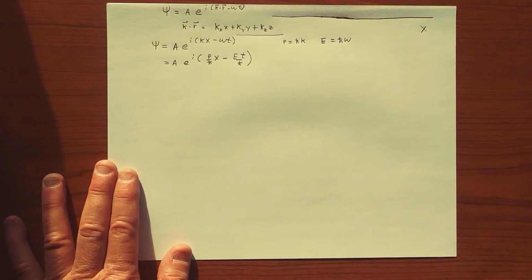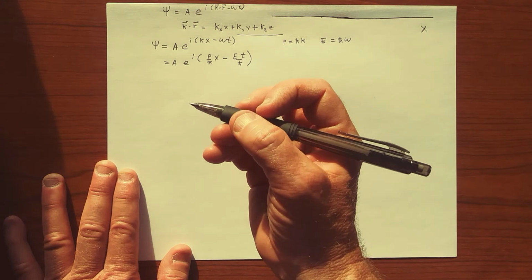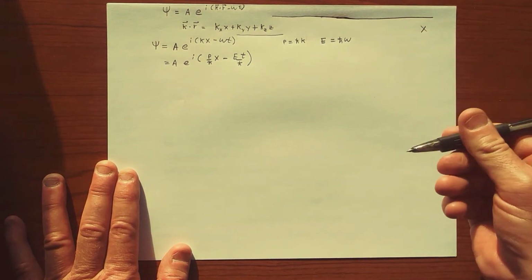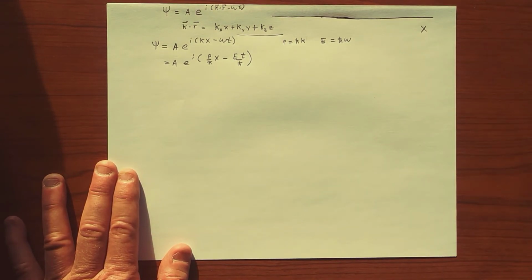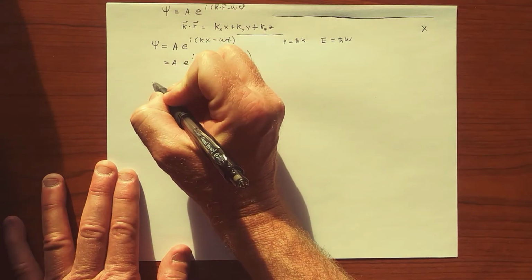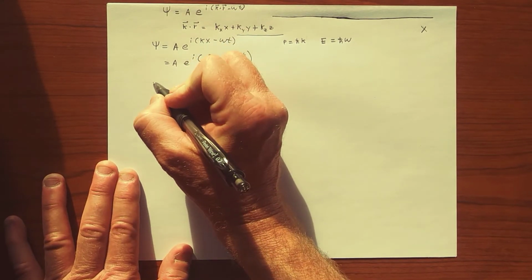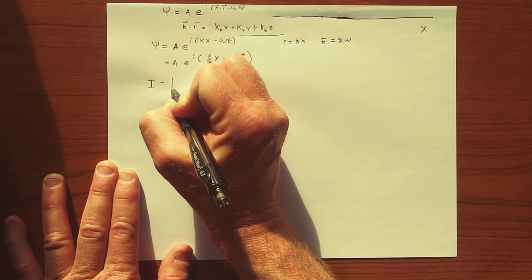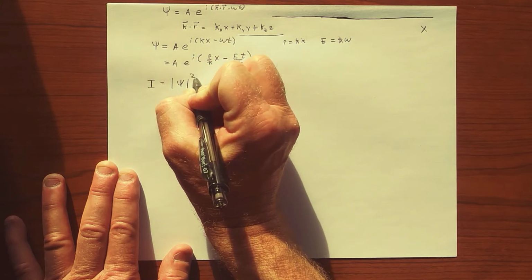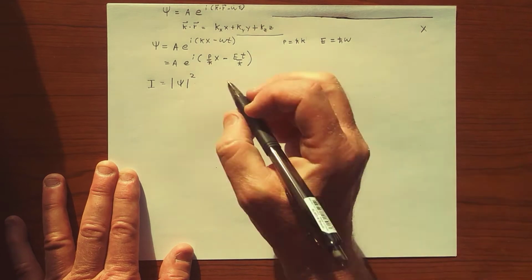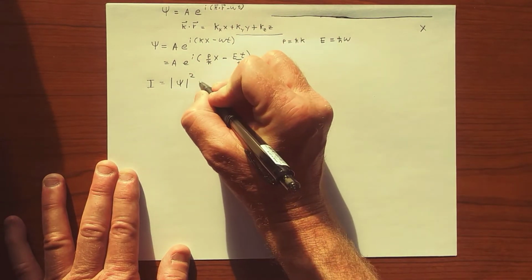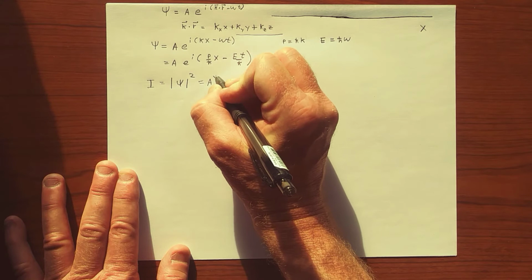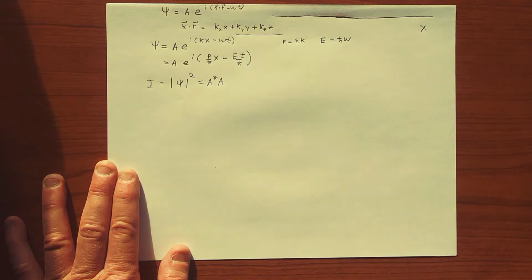Well, we know from the experiments and from the intensity on the screen that we saw was described mathematically. So intensity I was the psi modulus squared, right? We concluded that. And so this is also the probability. In this case, it's just A star times A, because A could be a complex number.